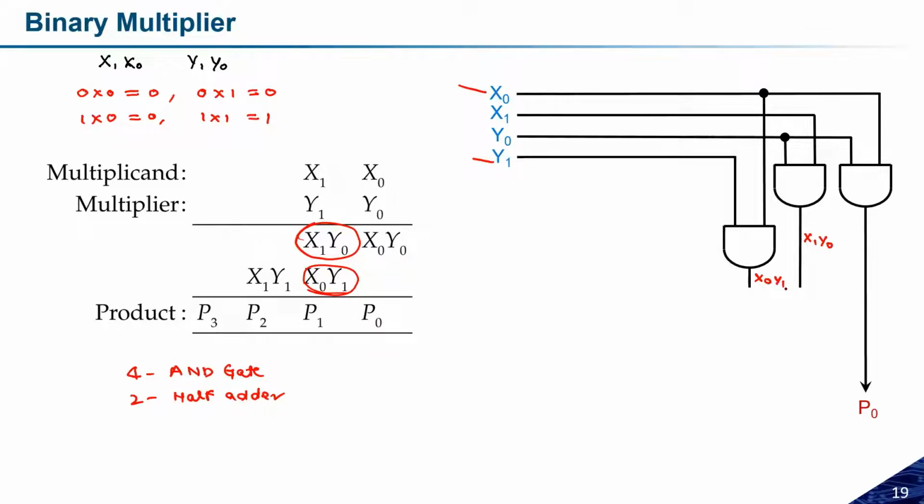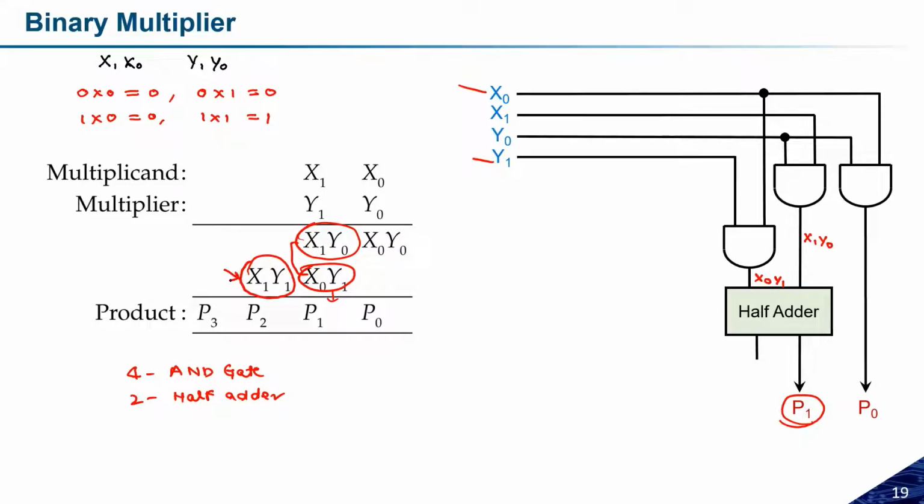Now the next term: I have to add this number with this number, so I need one half adder. The sum is the p naught, and the carry that is generated will be summed with the results we get after x1 and y1. So we need one more AND gate, and x1 and y1 will be ANDed.